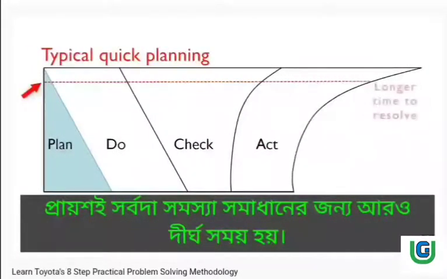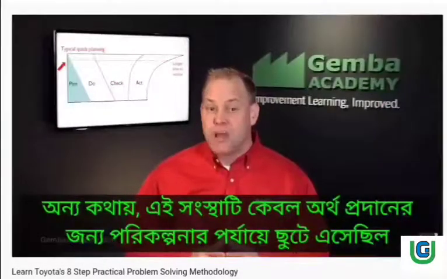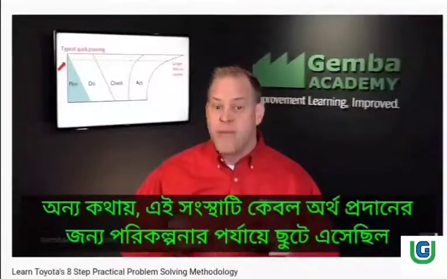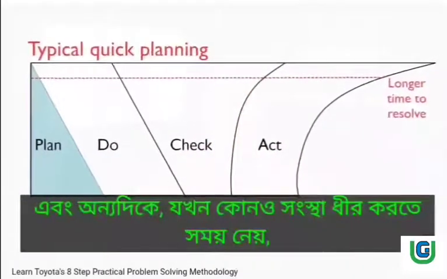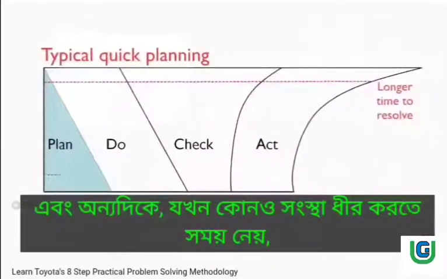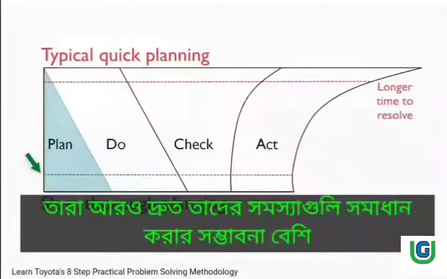In other words, this organization rushed through the planning phase only to pay for this hastiness in the check and act phases. On the other hand, when an organization takes the time to do slow, thorough planning, as prescribed in the practical problem-solving approach, they're far more likely to solve their problems faster and far more efficiently, as we see here.